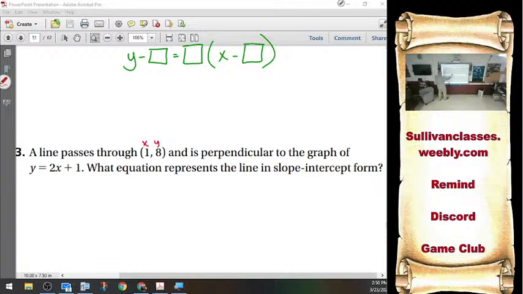I've got my x, I've got my y. So I just take this one off to the side and say 2 is perpendicular to what? Flip it, negate it. -1/2.